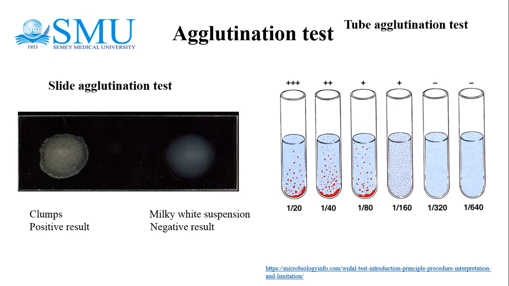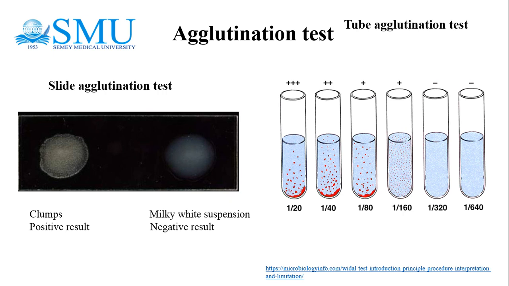Agglutination test. Two types of agglutination tests are present on this slide: slide agglutination test and tube agglutination test. Agglutination test definition: when a particulate or insoluble antigen is mixed with its antibody in the presence of electrolytes at a suitable temperature and pH, the particles are clumped or agglutinated.